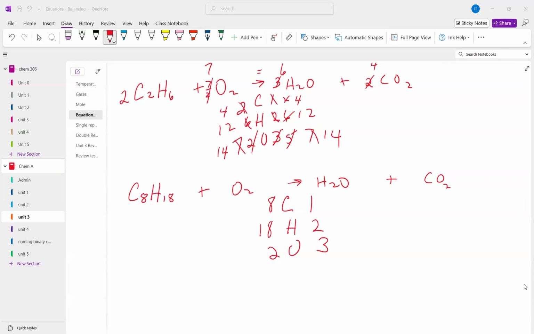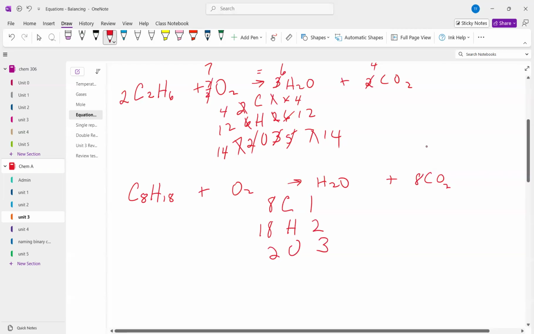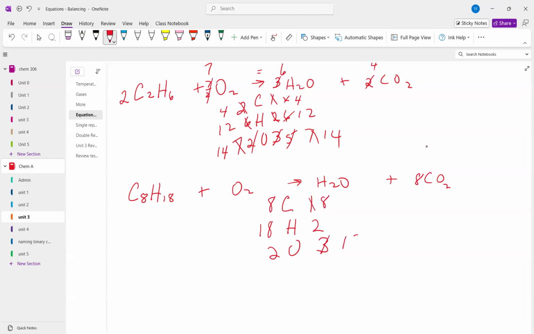We have 8 Cs on the left, 8 Cs on the right. So we end up with 16 O's plus 1, 17 O's. We have 18 H's. And we've got 16 and 9 is 25.